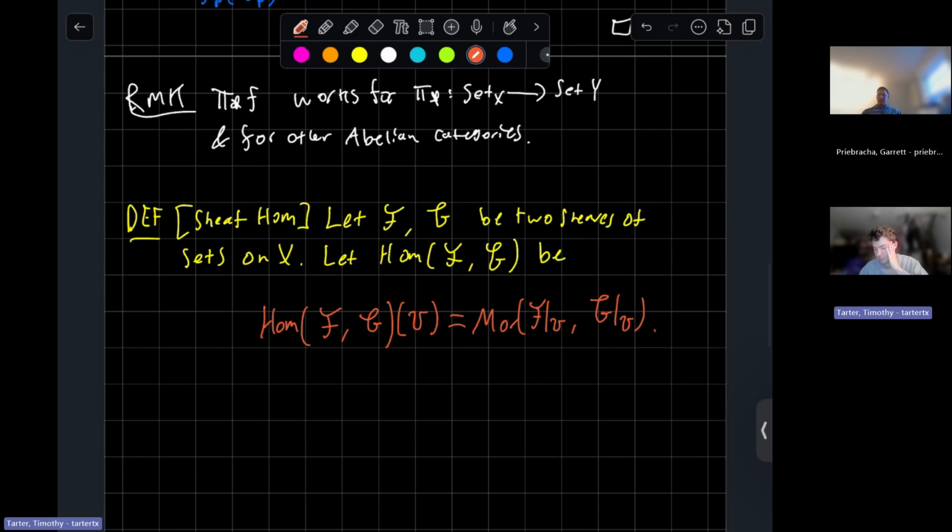What? Could you repeat that? Sheaf hom, like hom, is a contravariant functor in its first argument and a covariant functor in its second argument.